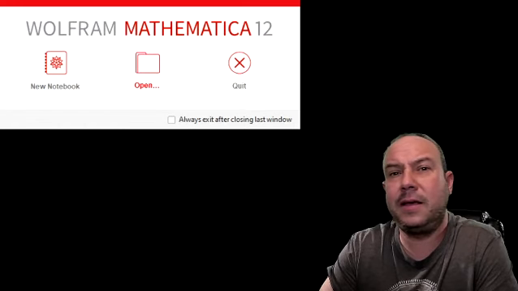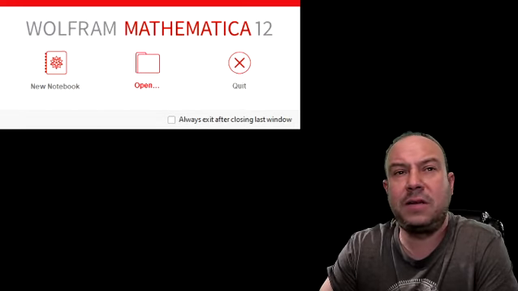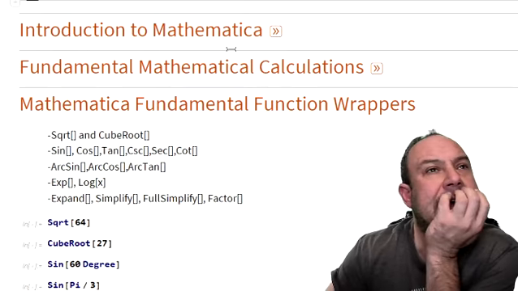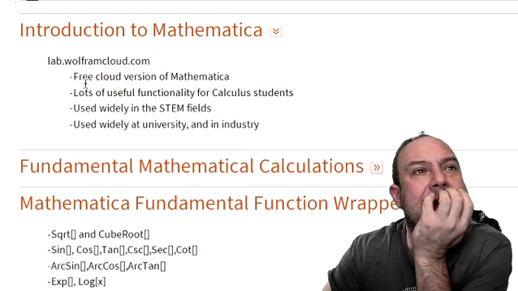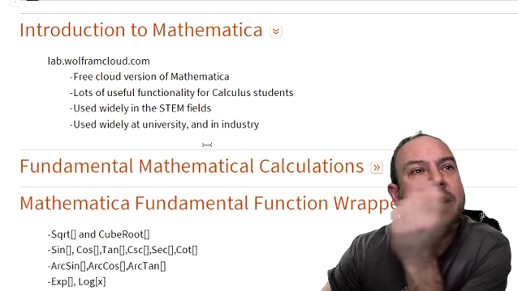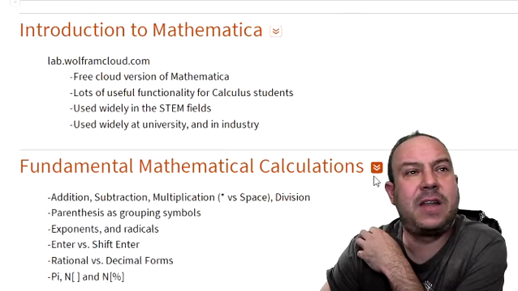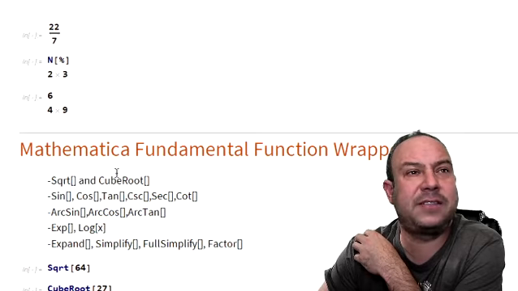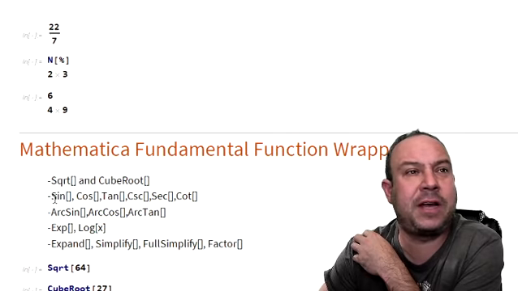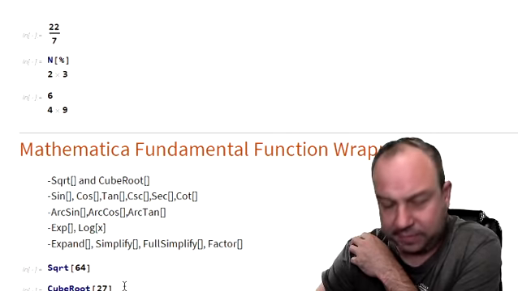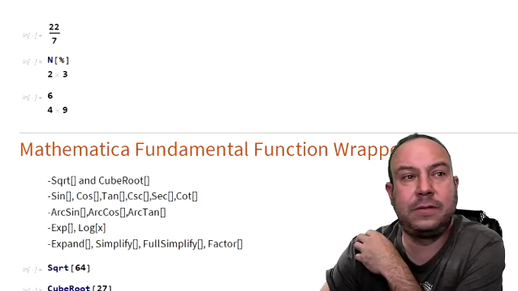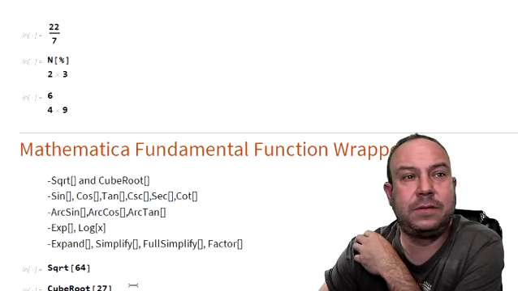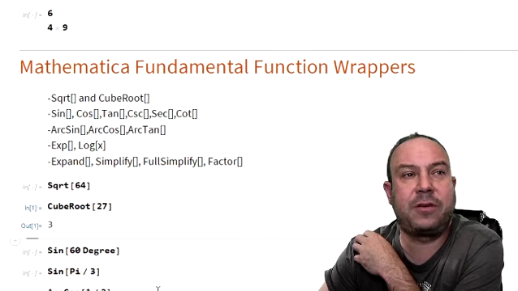I had a quick little demo here, Intro to Mathematica, with fundamental calculations and something a little bit more advanced: square root, cube root. You can take the cube root of values, and we get 3 back for the cube root of 27.